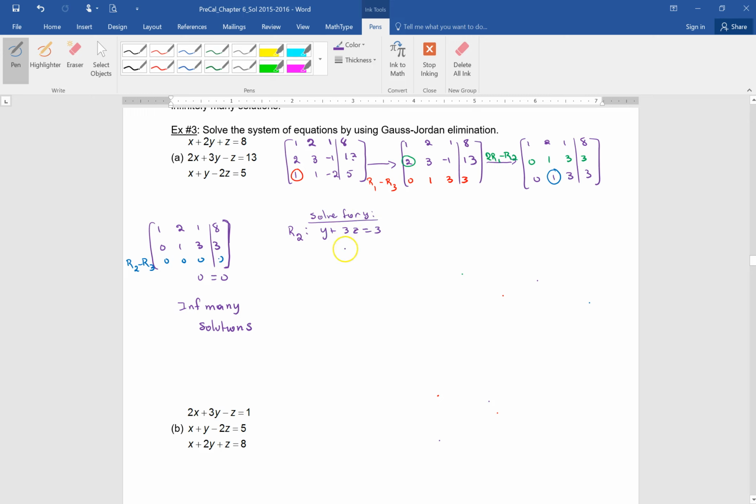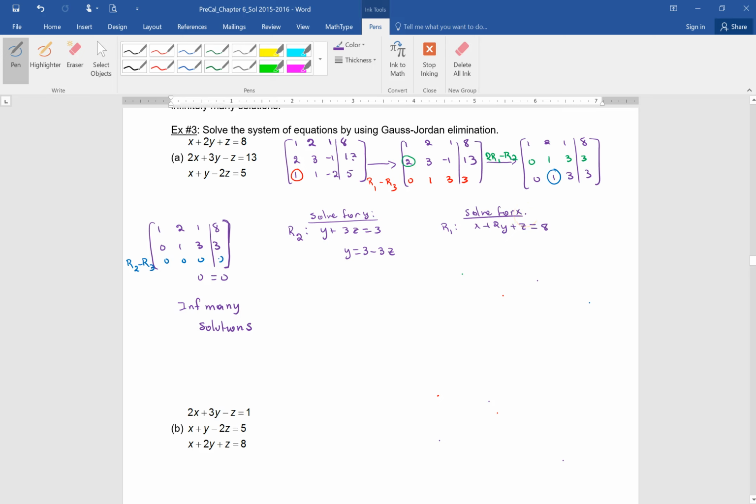So solve for y, and we get y equals 3 minus 3z. Okay? Now, what information did we get from row 1? x plus 2y plus z is equal to 8. You solve this for x.